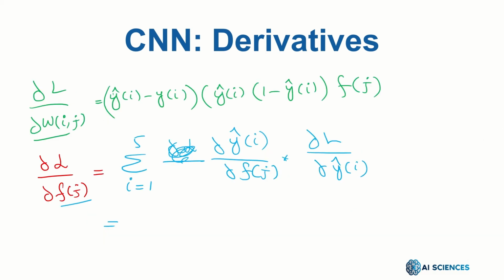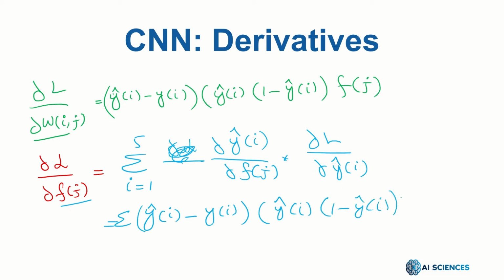So in that case, we come up with the result, which is the summation over I of y hat I minus yi, and then we again have y hat I into 1 minus y hat I, that's the same story as before, into wij.